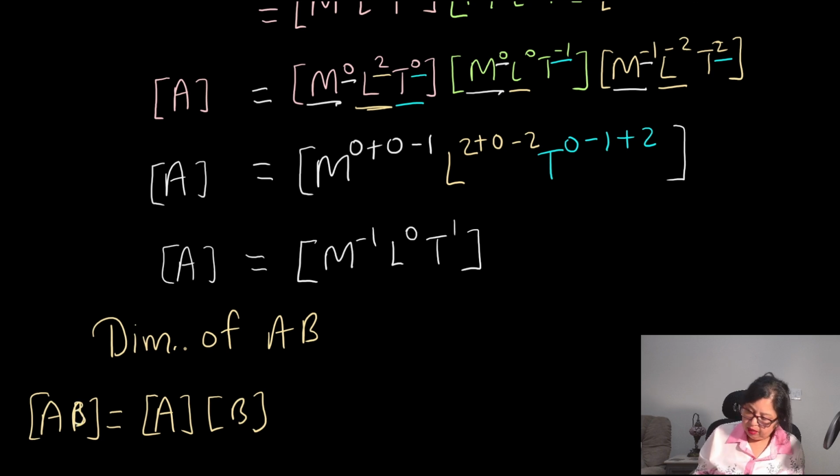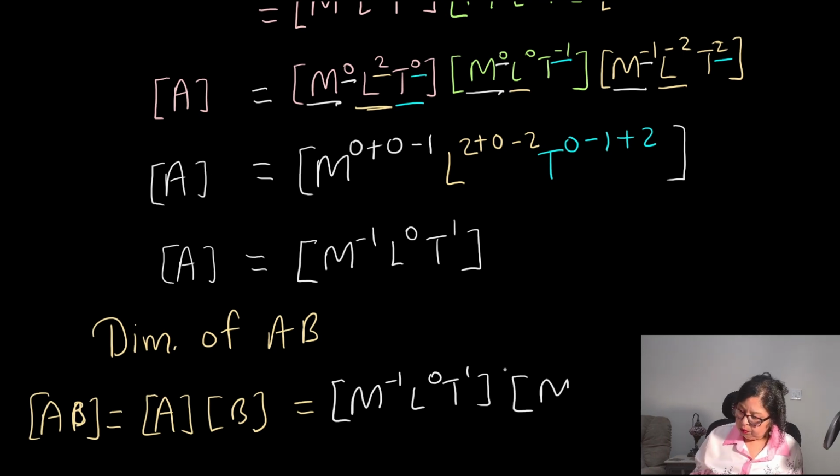This is my B here. A is M to the -1, L to the 0, T to the 1. And what is B? B is equal to M to the 0, L to the 2, and T to the 0.